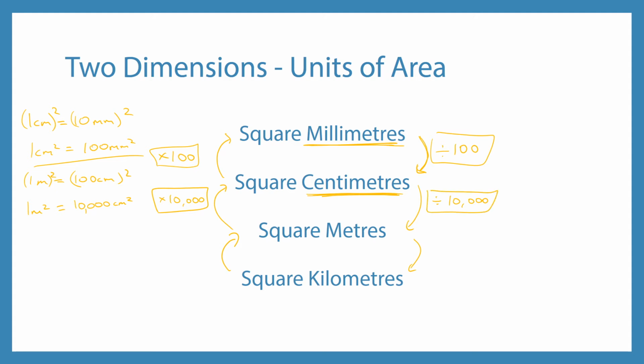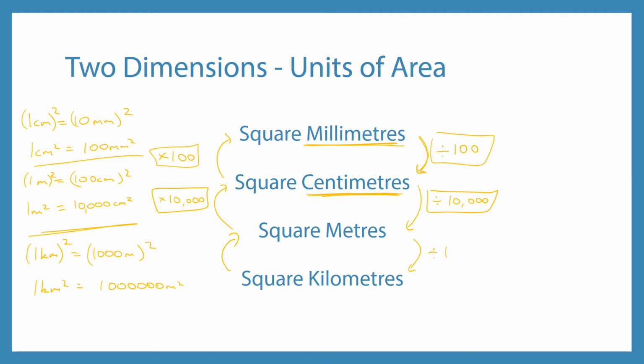On each of those. Finally, we have our square kilometers and meters. So 1 kilometer is 1,000 meters. Square that. We're going to get 1 square kilometer equals 1,000,000 square meters.